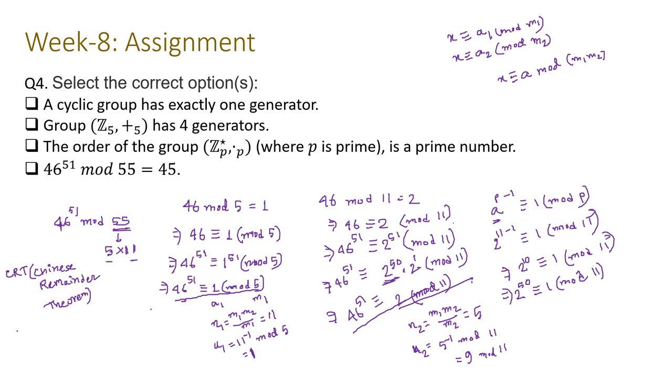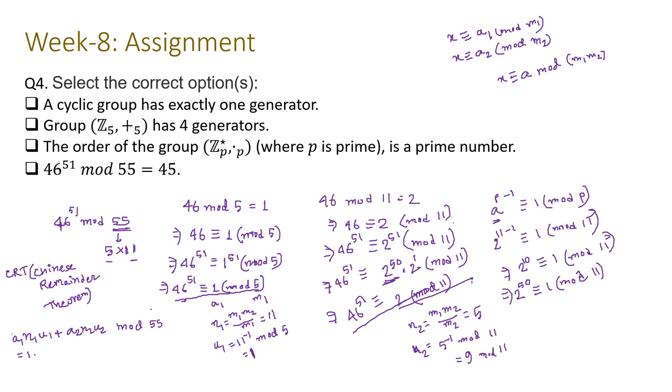Now the formula is that your final result x will be a1 into n1 into u1 plus a2 n2 u2 mod 55.